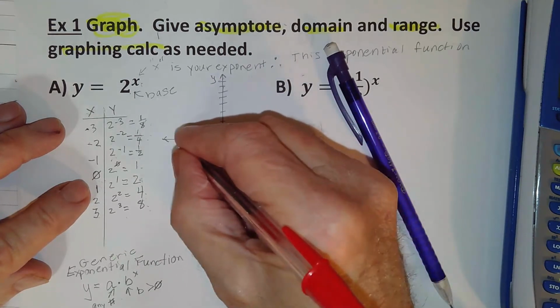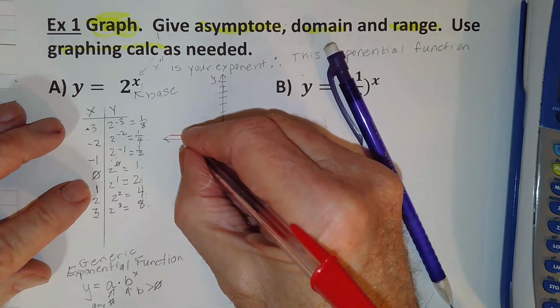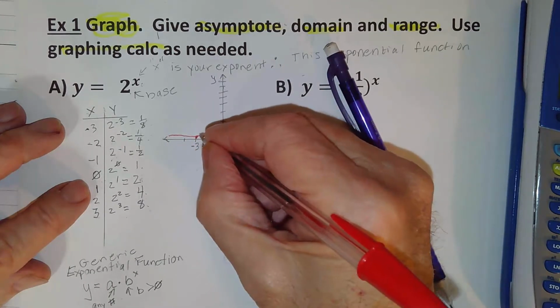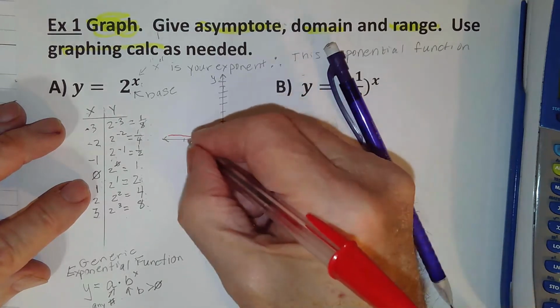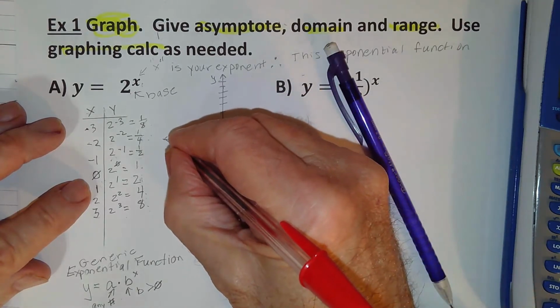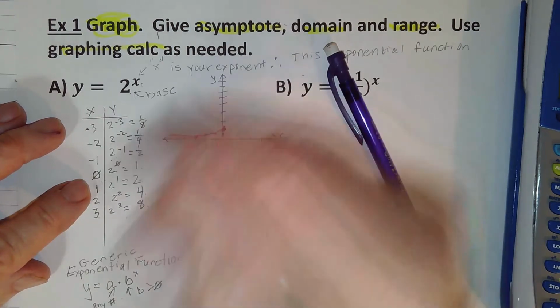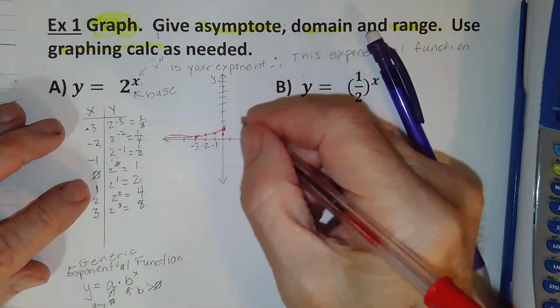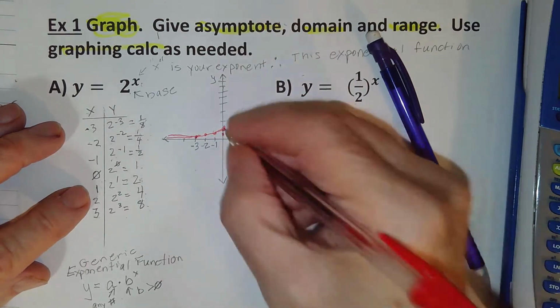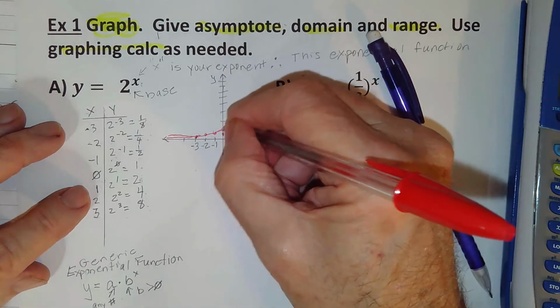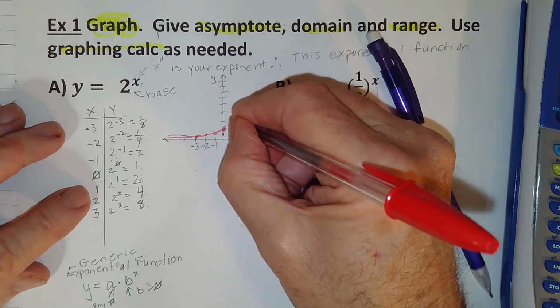Okay, so you can see, just starting this, that you're looking to develop something that looks like this. And this goes down here, sort of close to the edge. I know that's pretty messy, but that's what it is. And then where x is 1, y is 2. So it's right here.